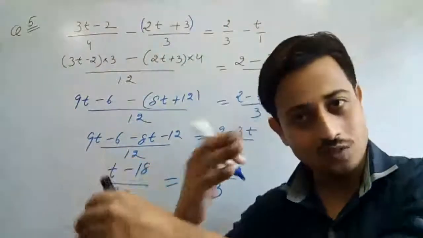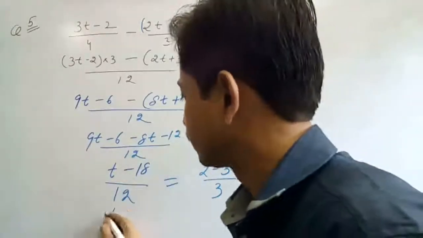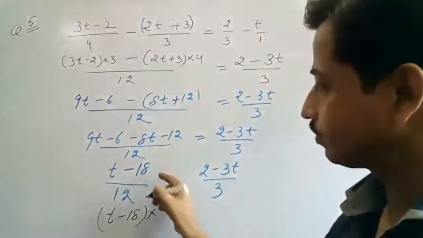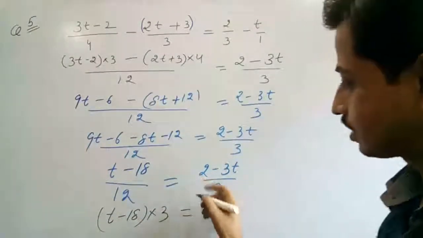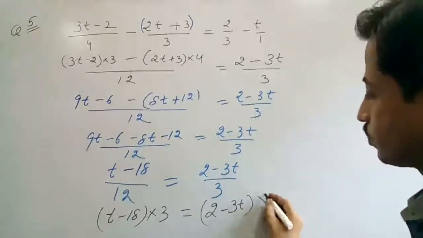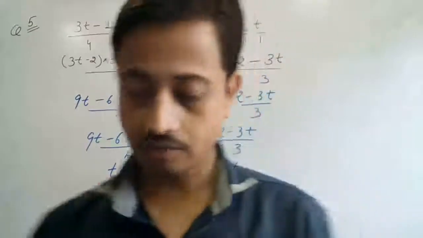Now we get cross multiply terms. Now do the same cross multiply. t minus 18, we have to multiply it with 3. Same here. 2 minus 3t, cross multiply it with 12. Now we have to solve it.